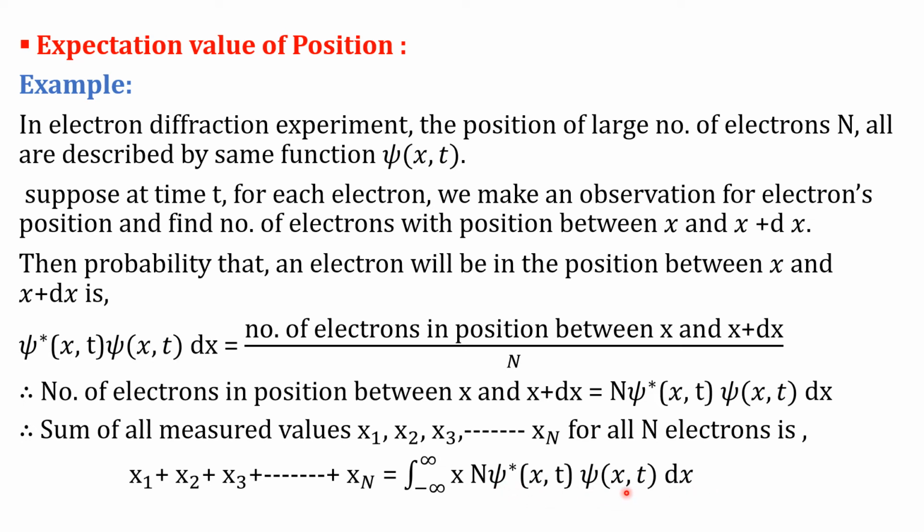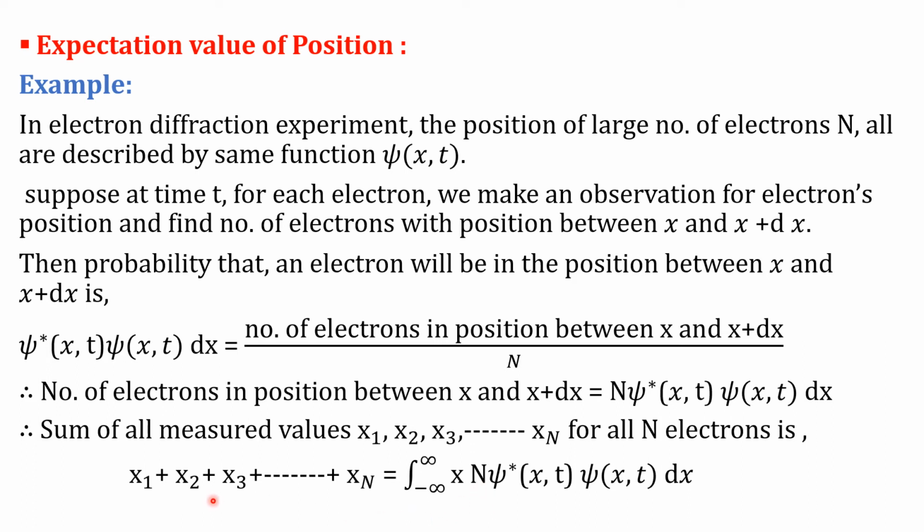Integrating from minus infinity to plus infinity, it gives the sum of positions of all n electrons, x1 plus x2 plus x3 up to xn. Now we take n on that side.